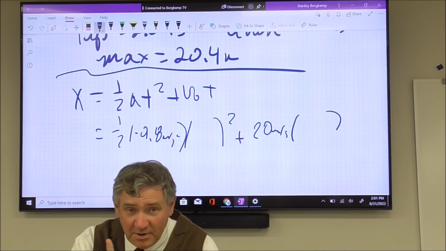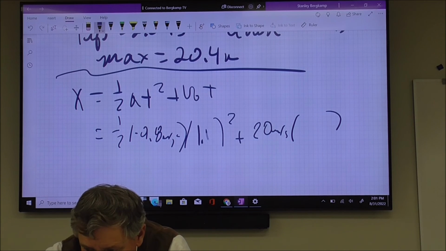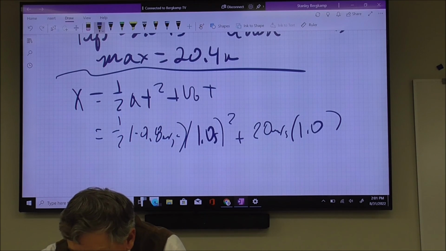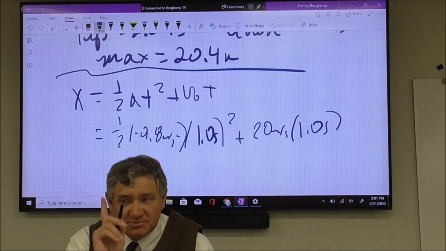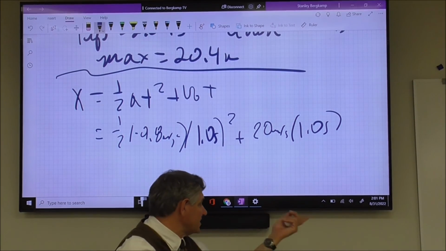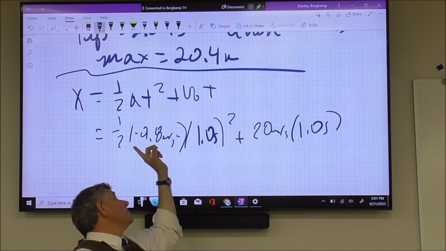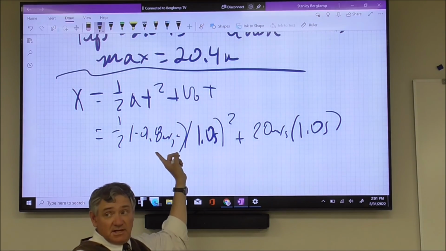If we specifically want to find at 1 second, you're going to come in here and put in 1 second and 1 second. Now, here's what you're going to do wrong. You're going to do two things wrong with this. You're going to forget to square this time, or you're going to forget to make this a negative value.